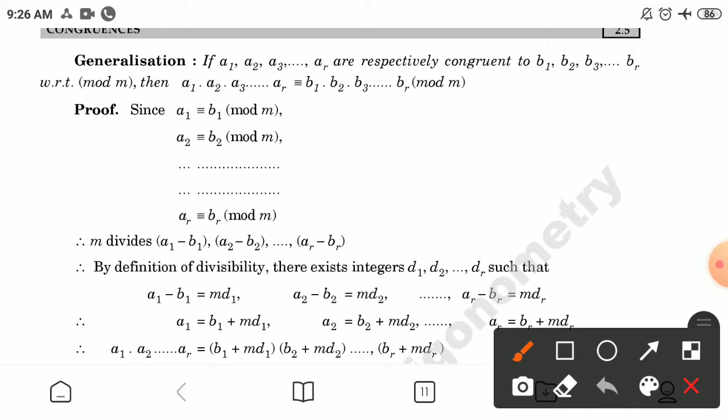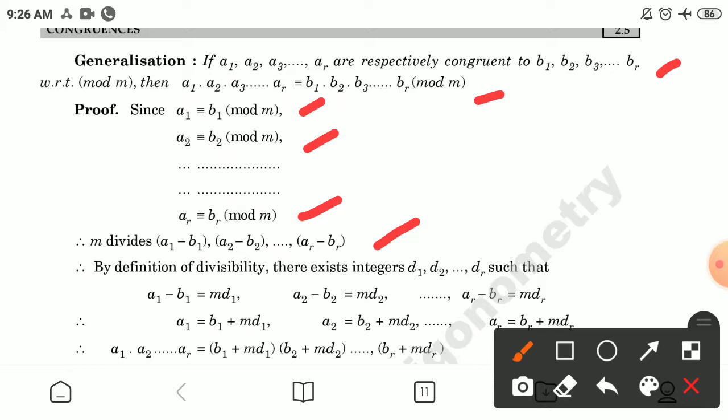Now, making the generalization: if A1, A2, A3, up to AR are respectively congruent to B1, B2, B3, up to BR with respect to mod M, then A1 multiplied with A2 multiplied with A3 up to AR is congruent to B1 multiplied with B2 multiplied with B3 up to BR mod M. Since A1 is congruent to B1 mod M, A2 is congruent to B2 mod M, up to AR congruent to BR mod M, therefore M divides A1 minus B1, A2 minus B2, up to AR minus BR.